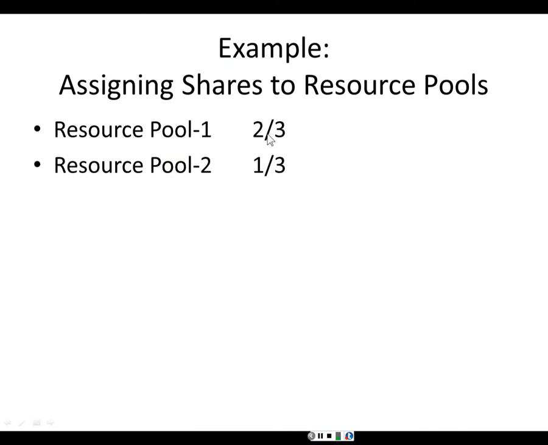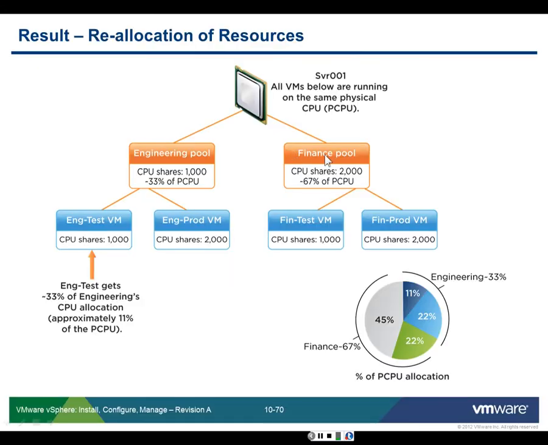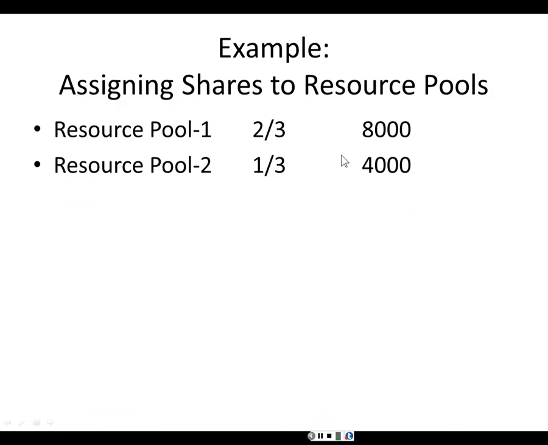We'll give resource pool 1 2/3 and resource pool 2 1/3. So we're assuming that pool number 1 is a higher priority pool. In other words, pool number 1 is going to be the same as the finance pool. Let's do it. What we will do is give 8,000 shares to pool 1 and 4,000 shares to pool 2. Remember, these are relative numbers, and in this case it's a 2-to-1 ratio.